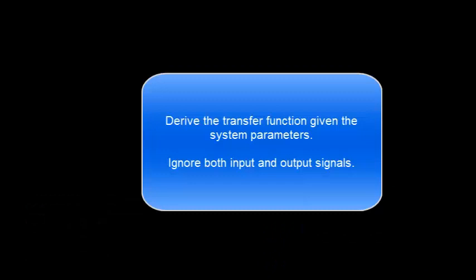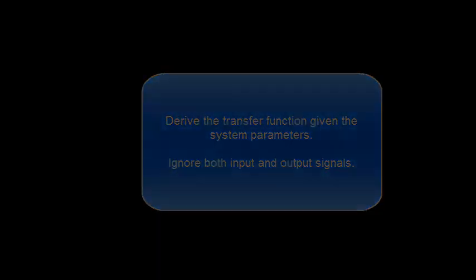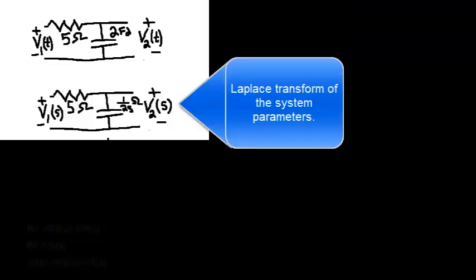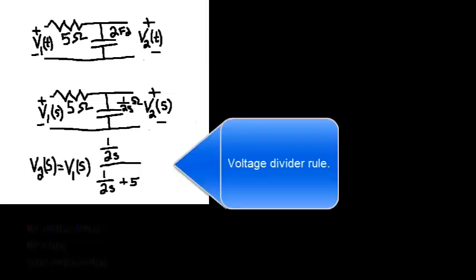Derive the transfer function given the system parameters. Ignore both input and output signals. The input signal has been removed and replaced with the variable V1. Take the Laplace transform of all system parameters. Use the voltage divider rule.